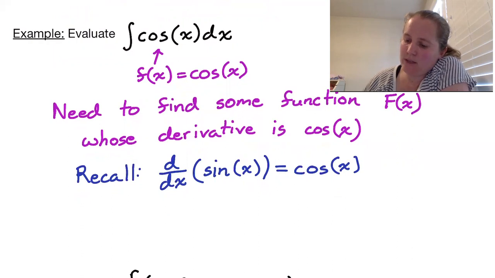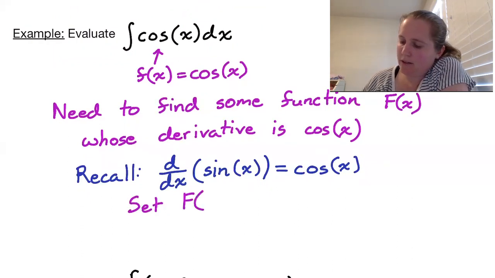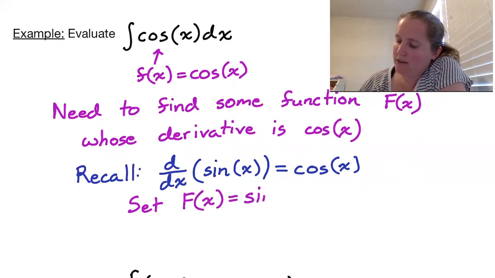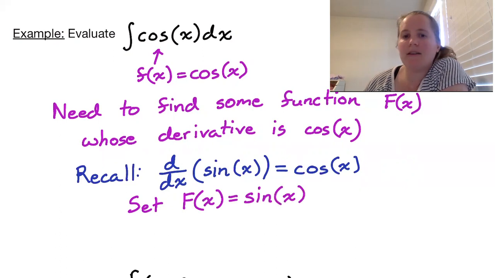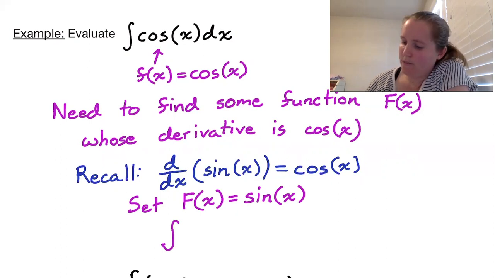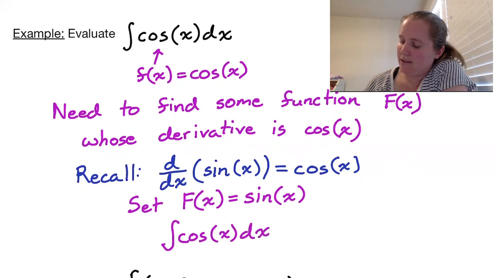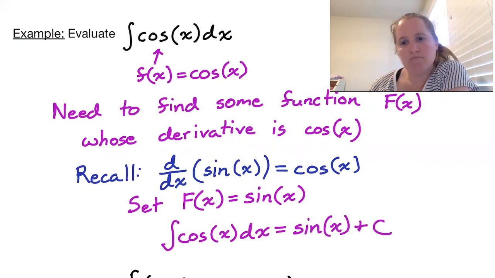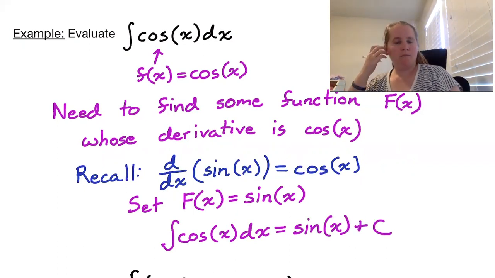So we can set capital F of x to be sine of x. Then it does precisely what we want. And so the indefinite integral of cosine of x dx should be sine of x, and then plus c, right?